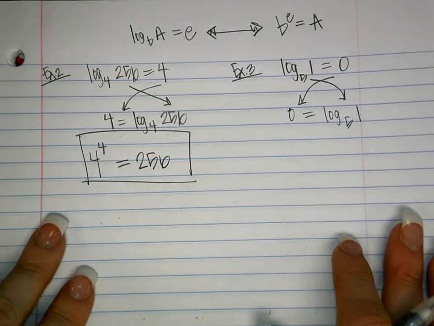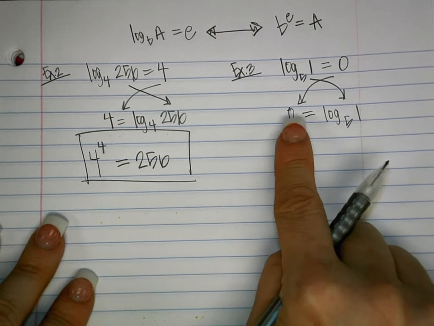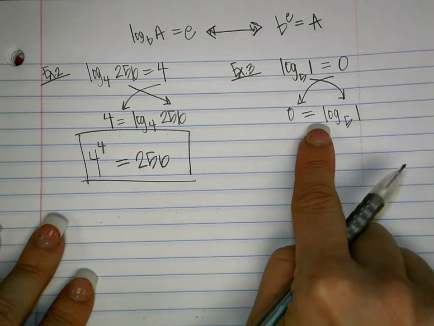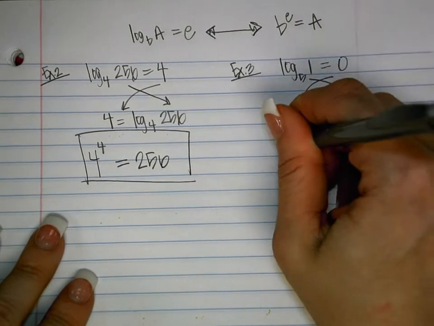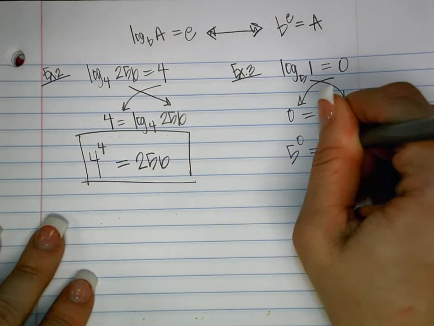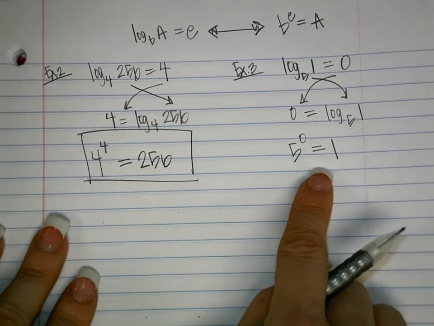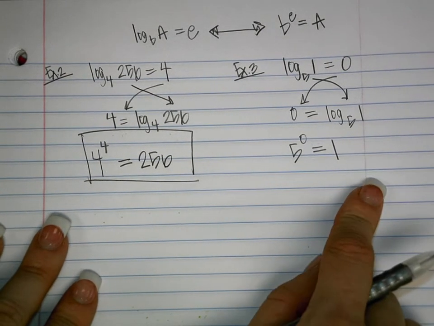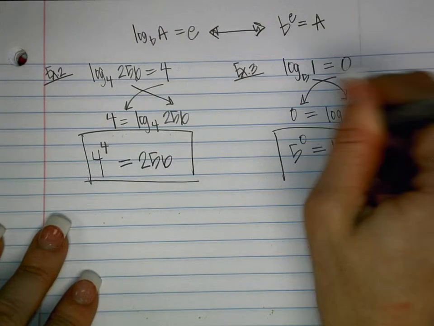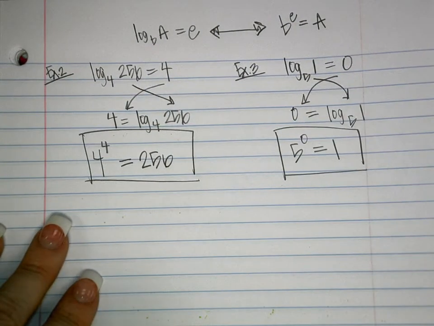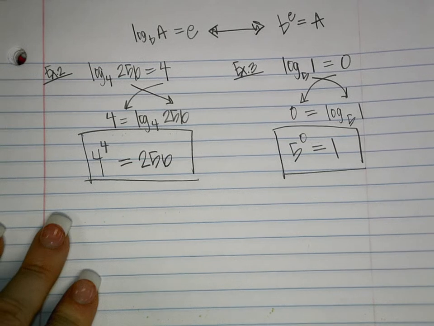So if I read this correctly, we say 0 is the exponent on 5 that makes 1. Does that make sense? Is 5 to the 0 equal to 1? That's it. So we're just converting from log form to exponent form. Simple enough, hopefully?